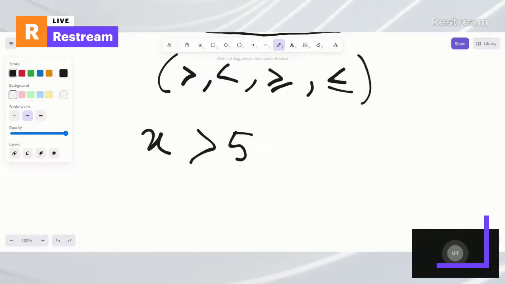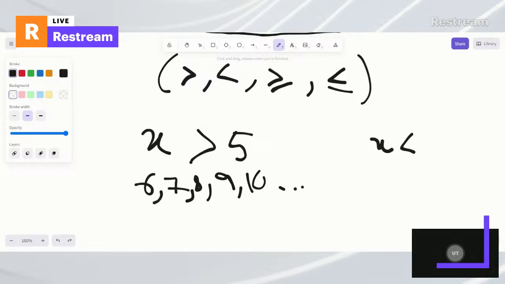It's not equal to 5. X can be any value greater than 5: 6, 7, 8, 9, 10, and so on to any positive number. And if it's written this way, x is less than 5, so any value lesser than 5: 4, 3, 2, 1, 0, and so on to the negative side.